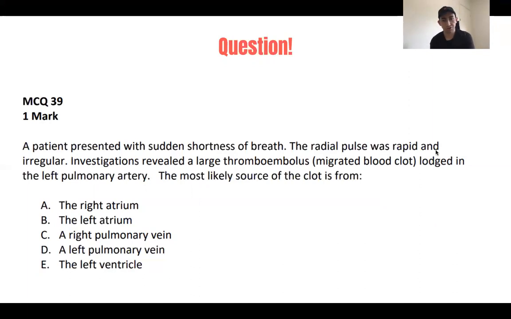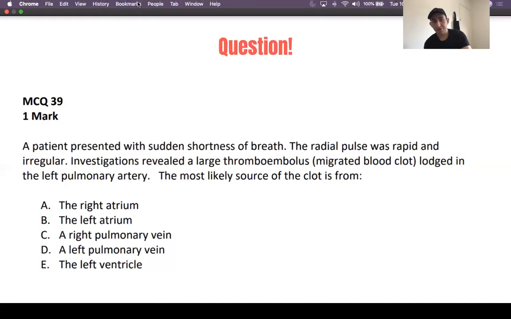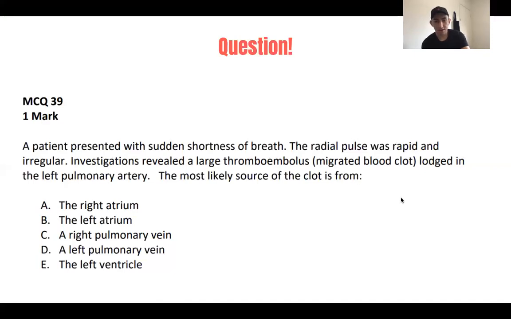What do you call a thromboembolus in the left pulmonary artery? What's this condition? Yeah, it's a PE. Perfect. So where would this clot have come from?